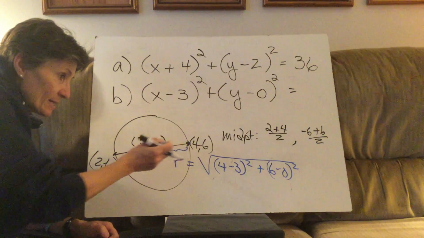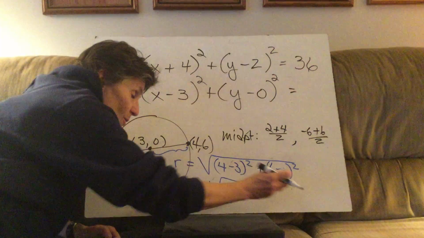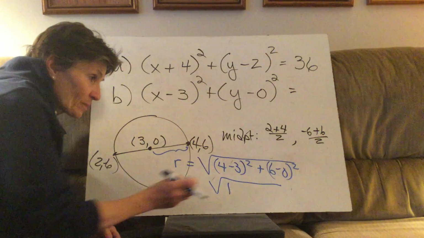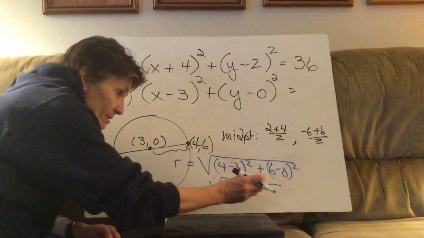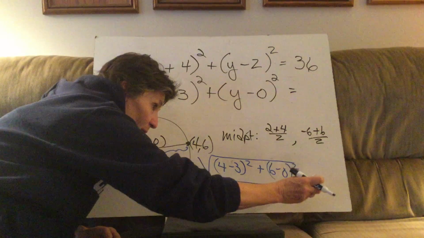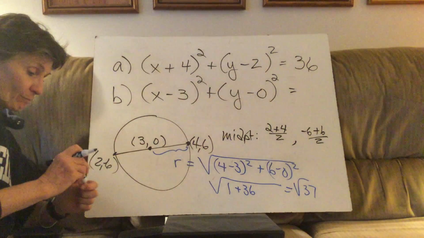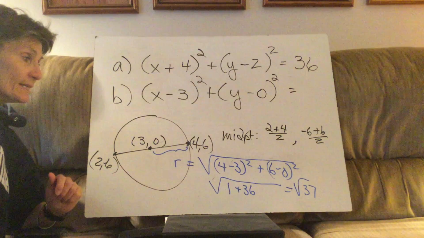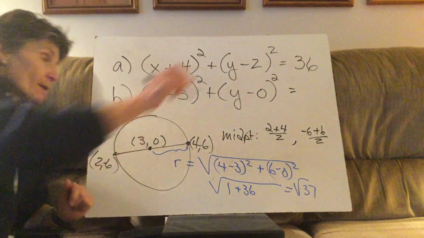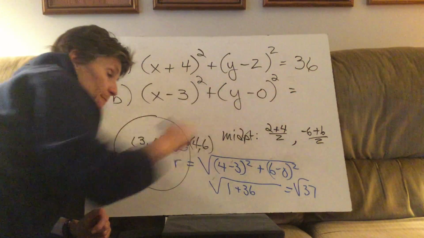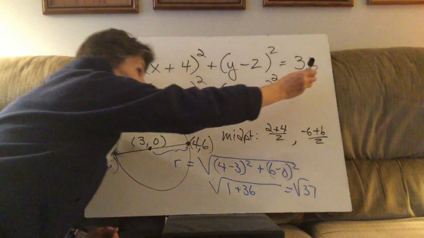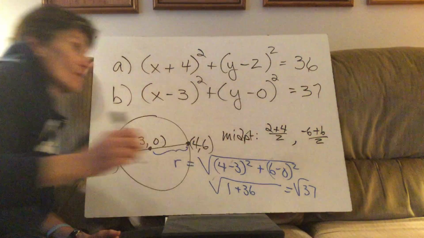That's going to be my radius. So that distance is 4 minus 3, that's 1 squared is 1, plus 36. So my radius is the square root of 37. Well, remember, when you write the equation of the circle, this is r squared. So if the radius is the square root of 37, then this is 37.